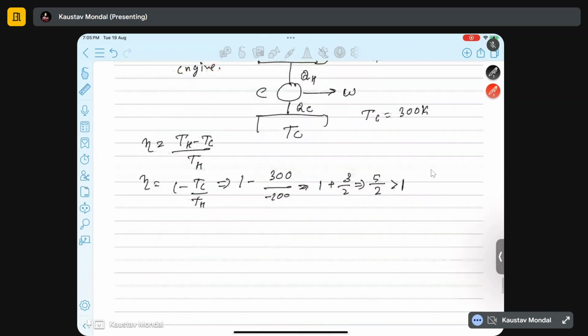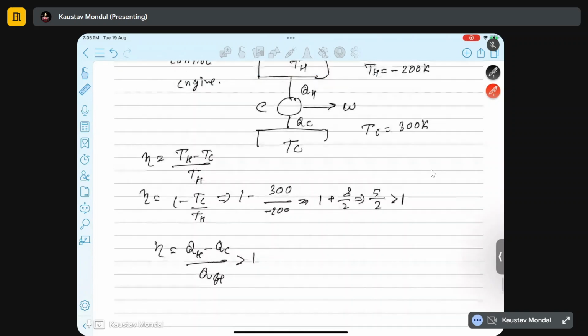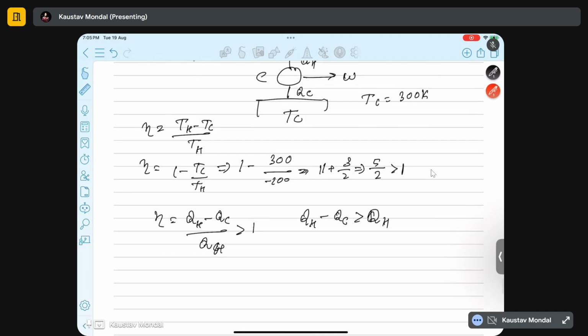So that means eta, the alternative definition, QH minus QC over QH, is also greater than 1. So QH minus QC would be greater than QH.